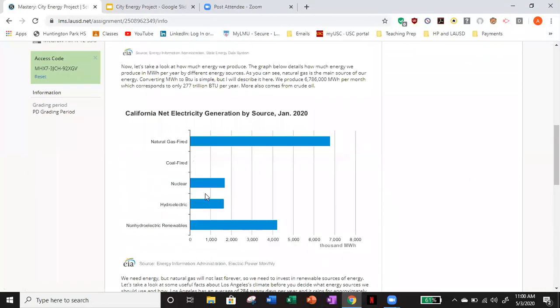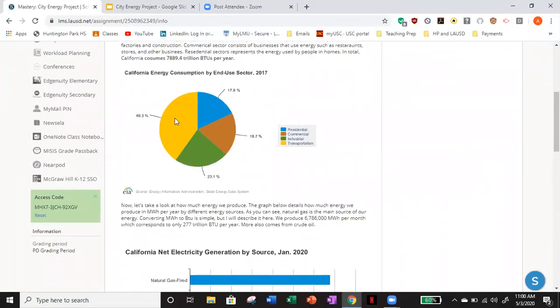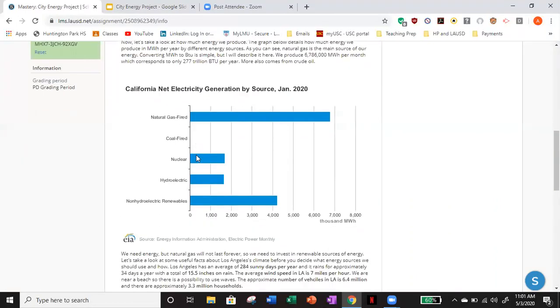So let me give a little bit more hints. You can see here that transportation is the main energy consumption sector. So you really want to talk about how you're going to change cars, airplanes, trains to use more renewable energy. I mentioned before solar powered cars, that's one, or electricity powered cars, that's one way you can think about it.